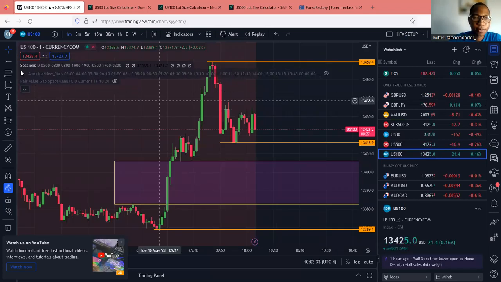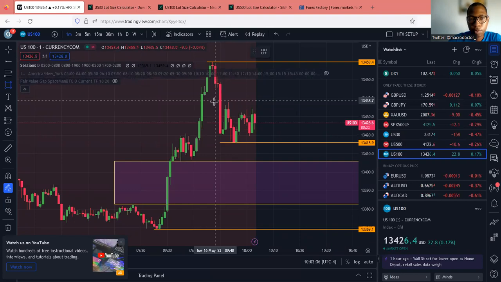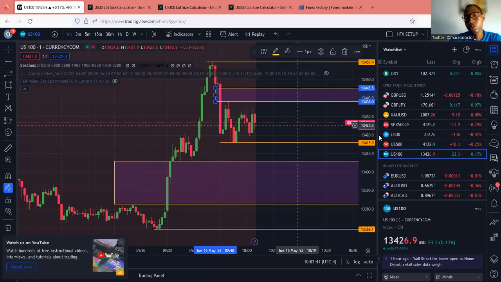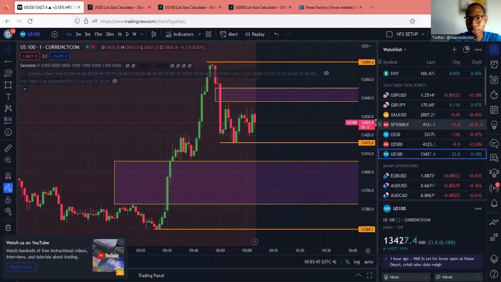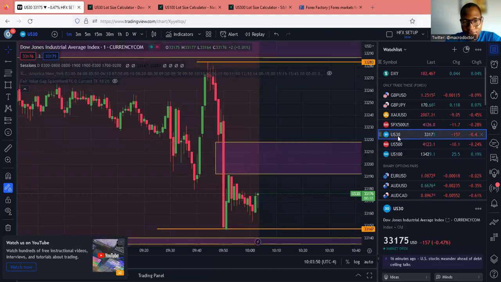Let's put this fair value gap rectangle over this high as well. I'm just waiting for it to do its thing. Come on, price, how you doing?